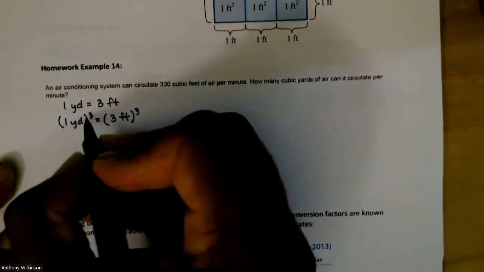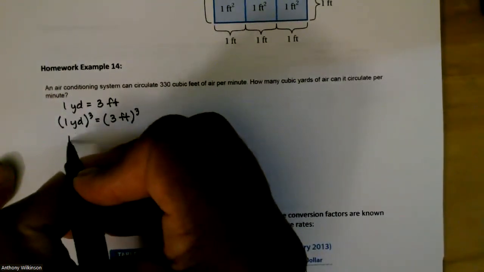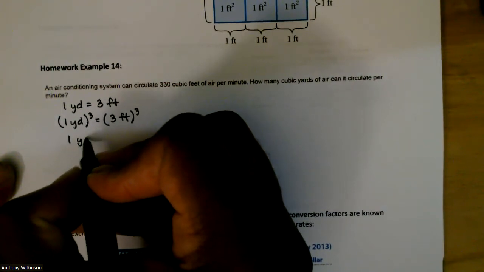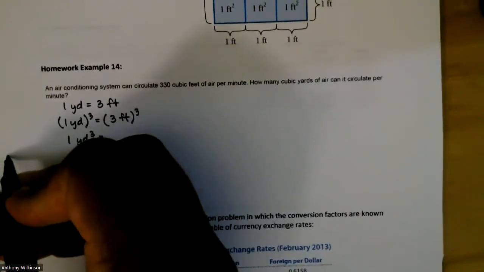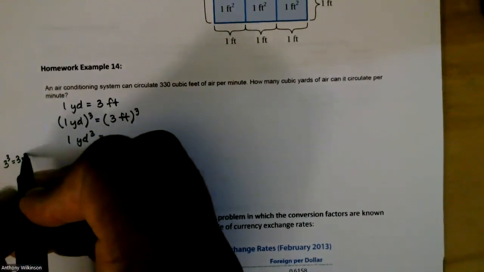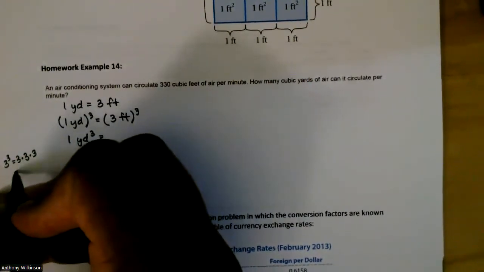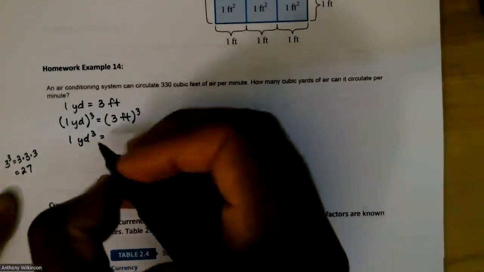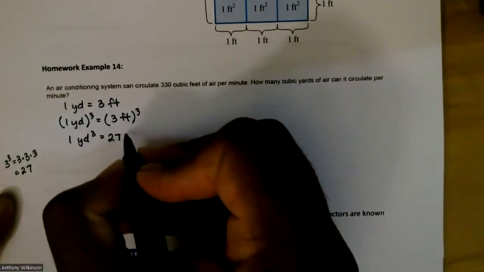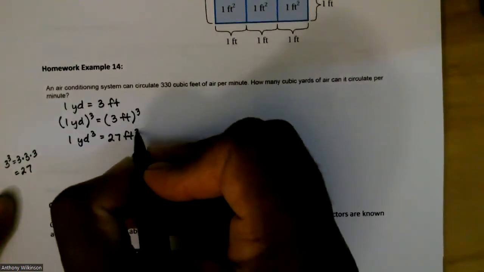Okay, so 1 cubed, or 1 times 1 times 1, will be 1, and this will be in cubic yards. 3 cubed, think of 3 cubed as 3 times 3 times 3. That will be 27. And this will be in cubic feet.